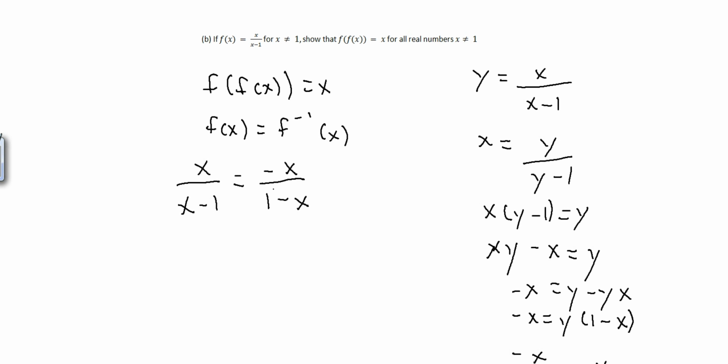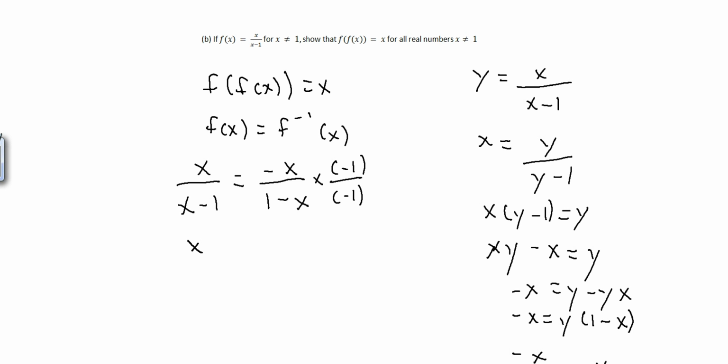So I'm not going to change the right-hand side, but I'm going to make it equivalent. I'm going to use an equivalent fraction by multiplying it by negative 1 over negative 1. Because negative 1 over negative 1 is the same as multiplying by 1, which doesn't change anything. And it's going to give me the same denominator, x minus 1.